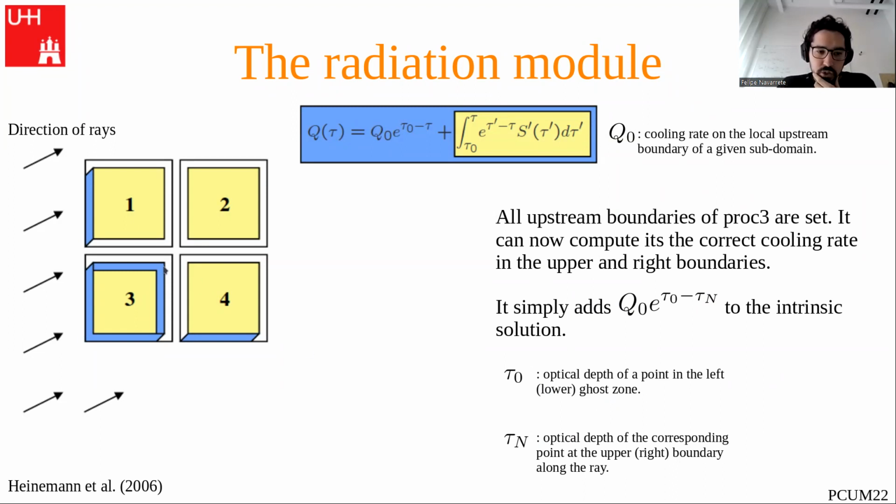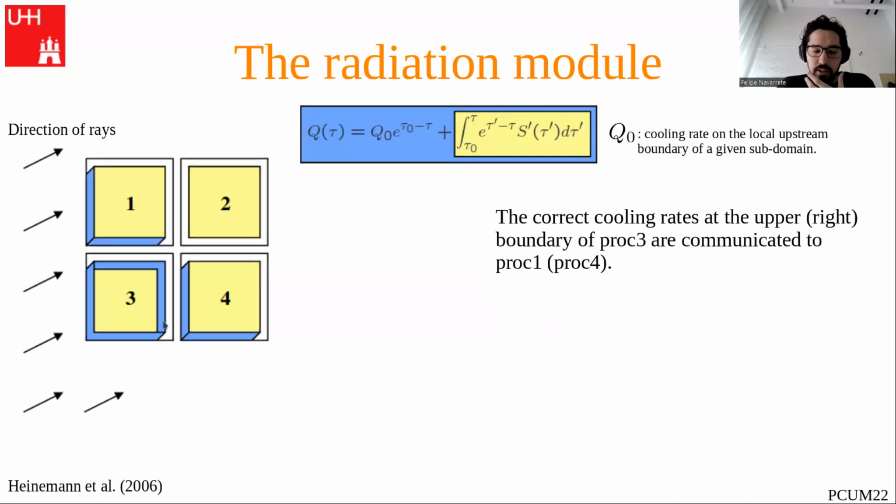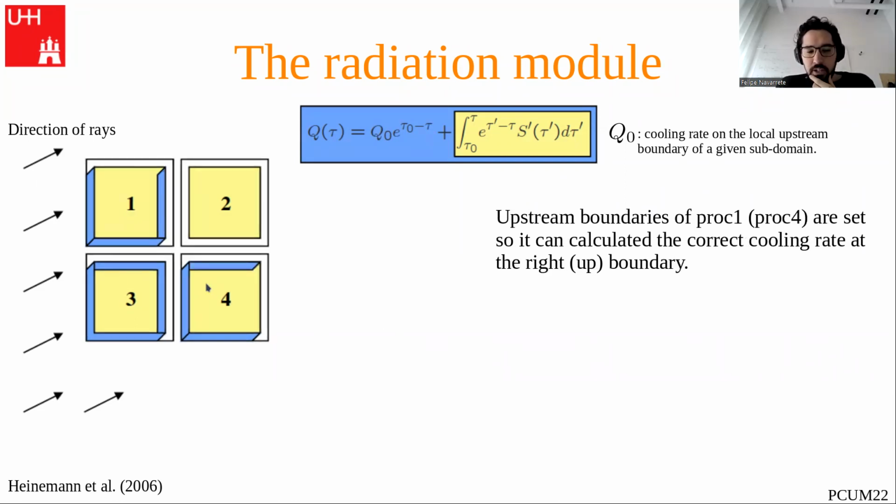Now that these 2 are calculated, these are correct. Now it can transfer the information to processors 1 and 4. So this would be the upper and right boundaries respectively. And these processors then can do the same. They have all of the correct cooling in their upstream boundaries, and then they communicate.